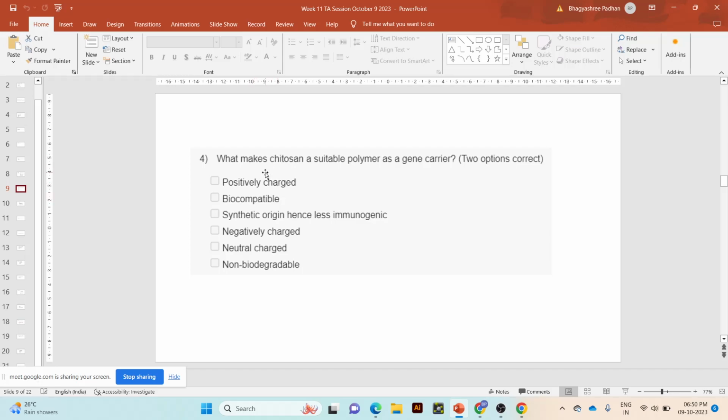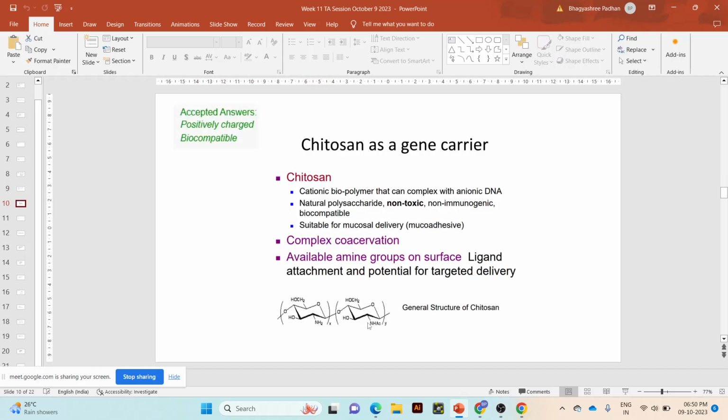So these two options will be the correct answers, positively charged and biocompatible, which makes it suitable for gene delivery, and it is also suitable for mucosal delivery. Further, it has free amine groups on the surface which can help in ligand attachment, potential for targeted delivery of drug.